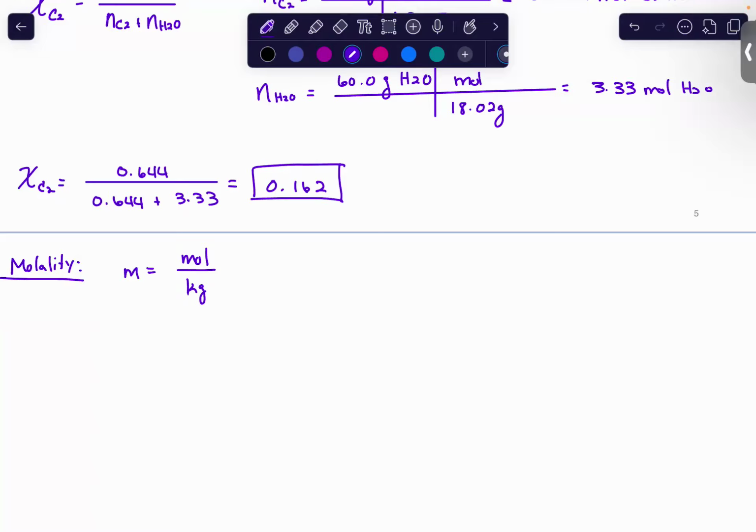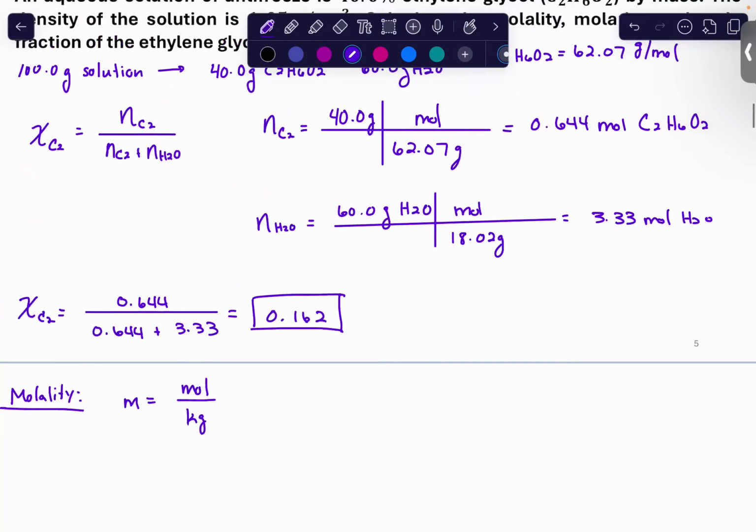Moles of solute per kilogram of solvent. This is why I started with mole fraction, or at least my assumption. Do I know my moles of my solute? Do I have a mass of my solvent? What is that mass? It is 60 grams. Let's just start with the 60 grams and then go from there.